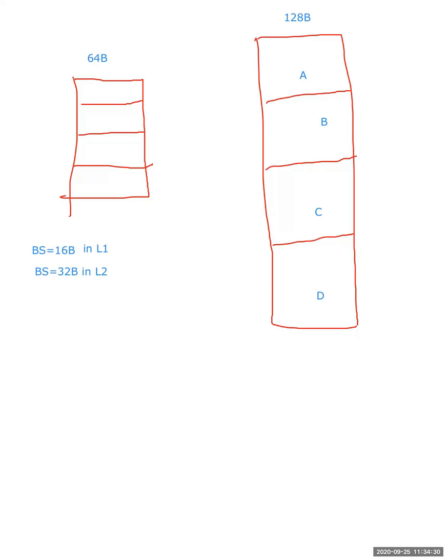L2 cache fetches 32 bytes at a time, because that is its block size. And then it has to be copied, but L1 cache has a 16 byte block size. So what will you have to do? It'll be something like you have A1 here and A2 here.